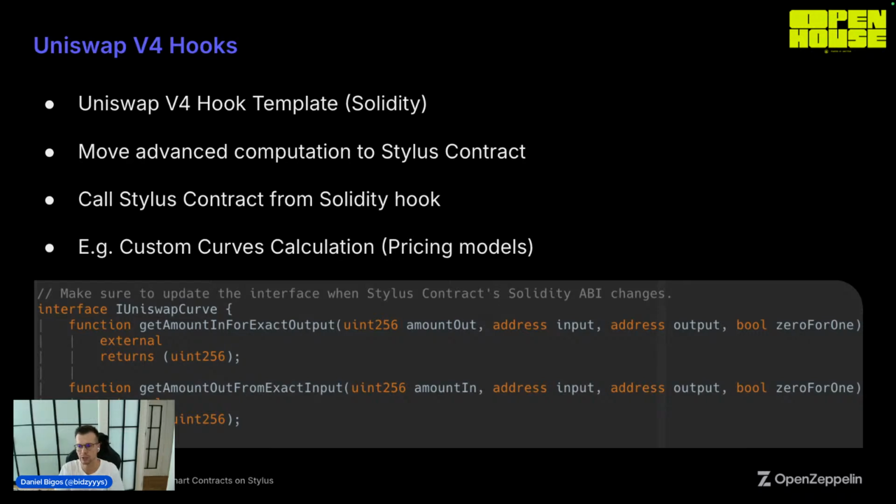There is a well-known audited Solidity hook template. From the template, we can call our Stylus implementation of the pricing model that we build ourselves. So in the template, we can just call the Stylus smart contract, which you can implement with a sophisticated algorithm, through the Solidity interface, as we would call any other Solidity contract from that Solidity template.